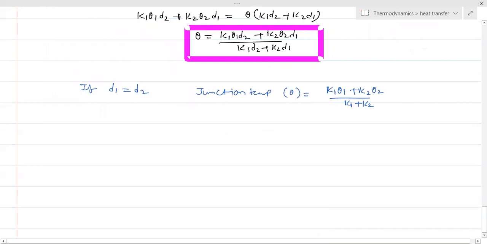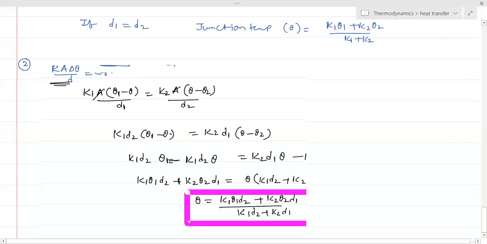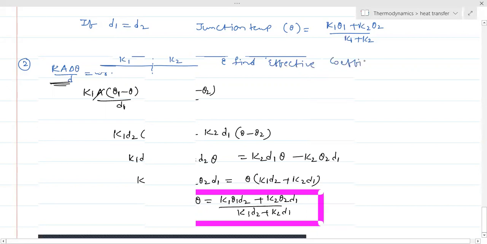And also, we will see the next point, series. So suppose when two rods are given, one is of K2 and the other is of K1. Now they will ask to find the effective coefficient of thermal conductivity.